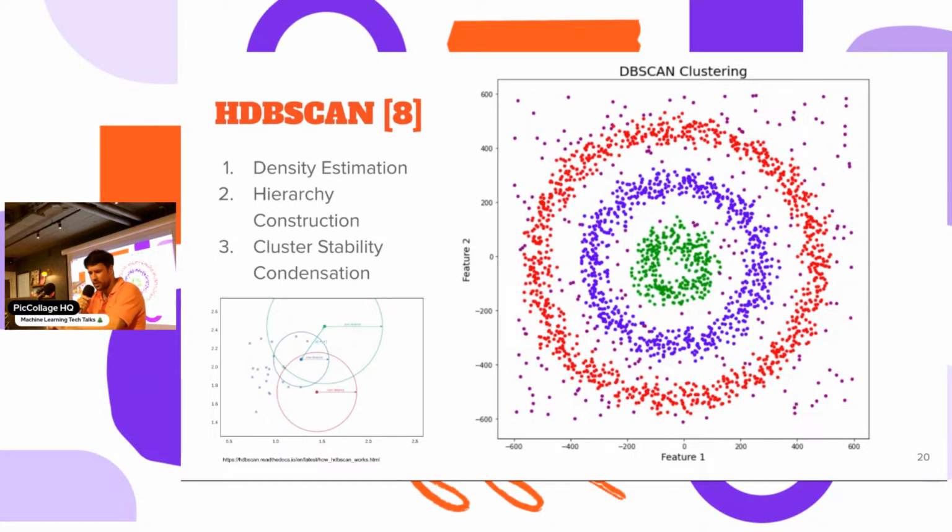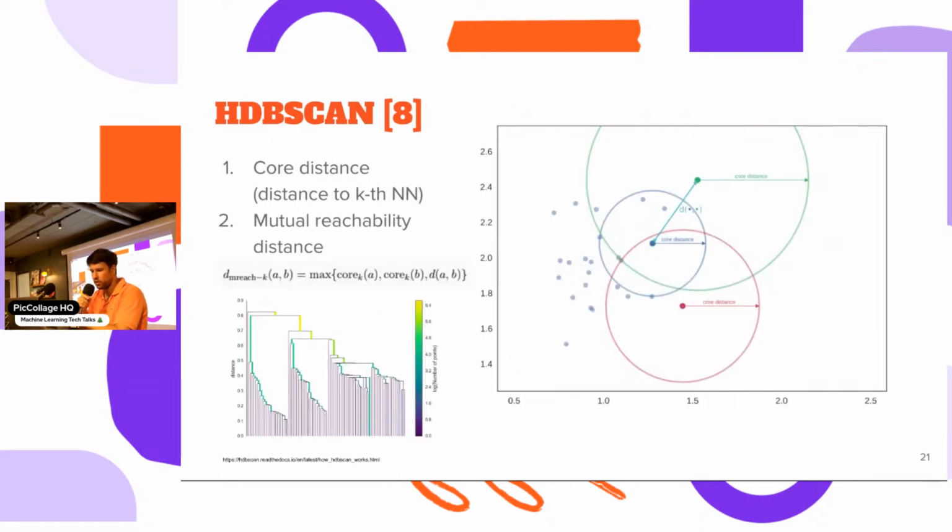How this is measured is with a measure called the core distance. The core distance is the distance to your kth nearest neighbor, and you can calculate it for each of those embedding points. With this measure, you can then create a mutual reachability distance, which is the maximum of the core distances of those 2 points and the distance between those 2 points.